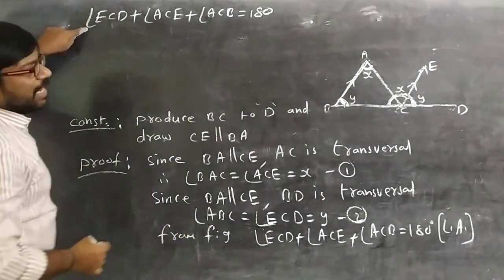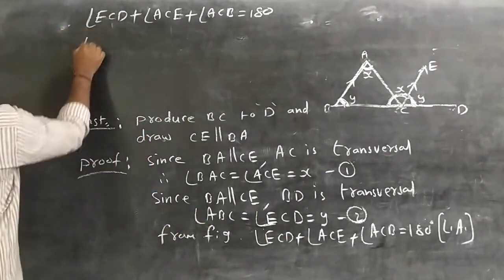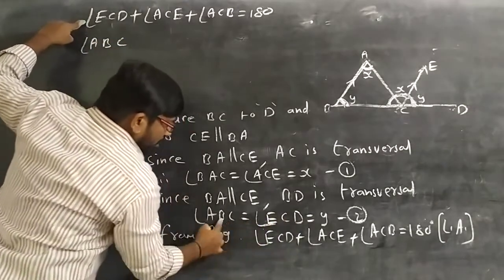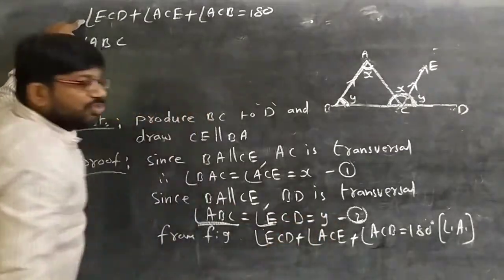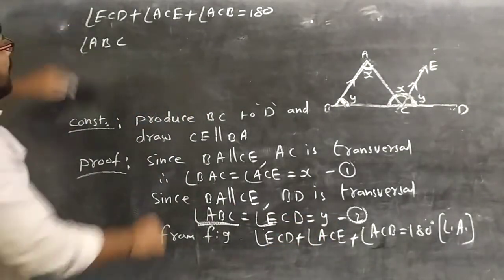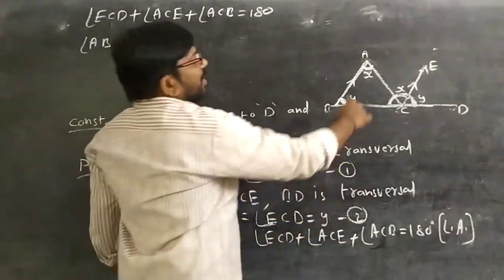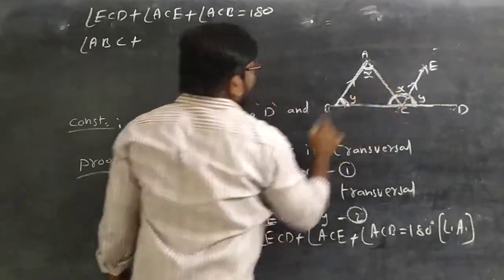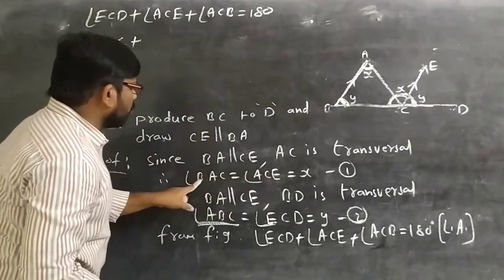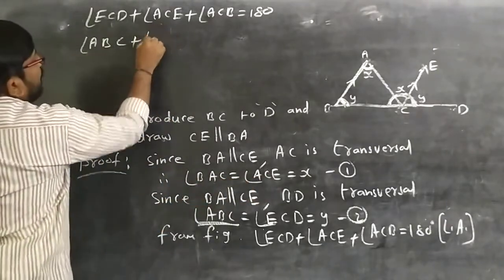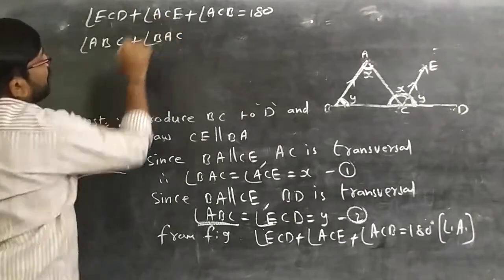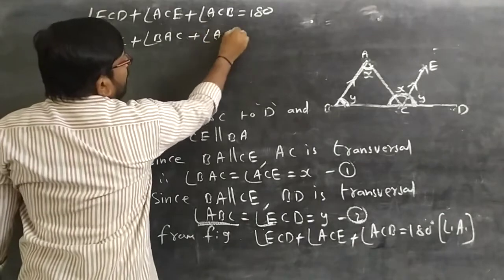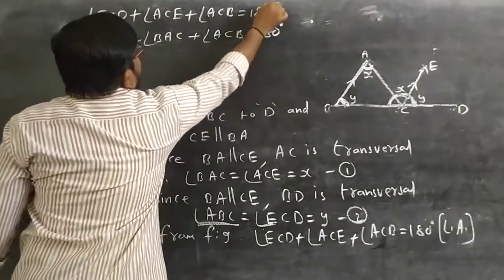So write angle ABC instead of ECD, from equation 2, plus angle ACE can be written as BAC. These two are equal, so from equation 1, ACE is equal to BAC. Write angle BAC instead of ACE, plus angle ACB, is equal to 180 degrees.